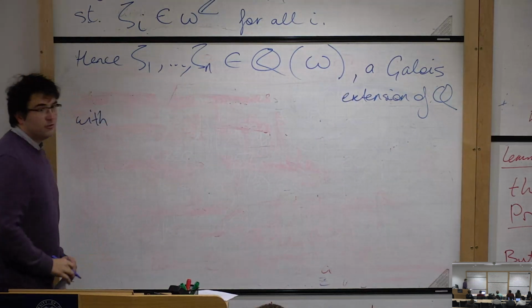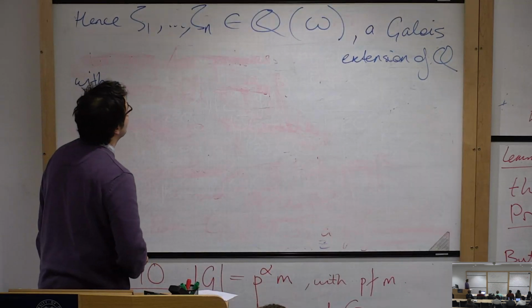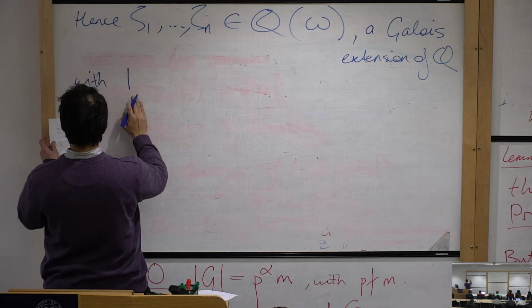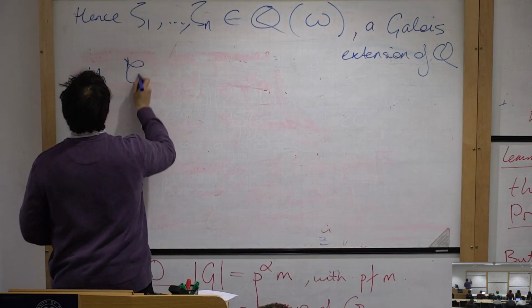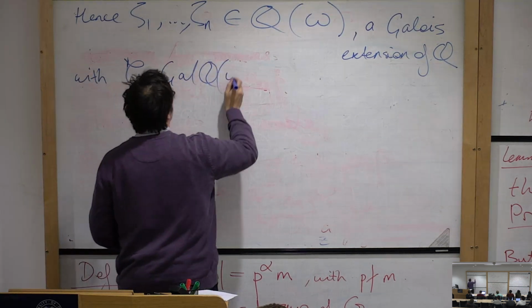And we have computed it for you. It doesn't matter for this argument what the Galois group is. Call it curly G, the group of automorphisms of this field extension.